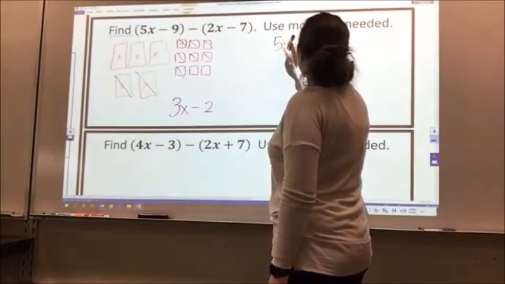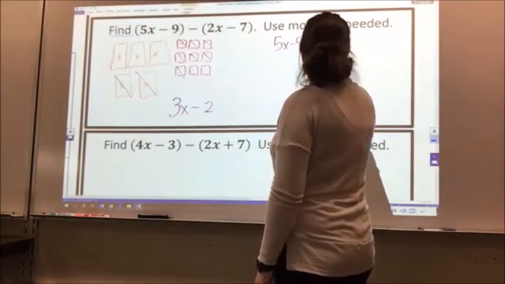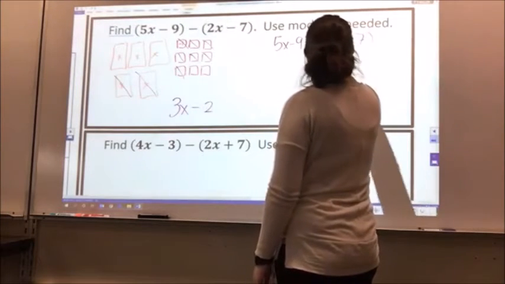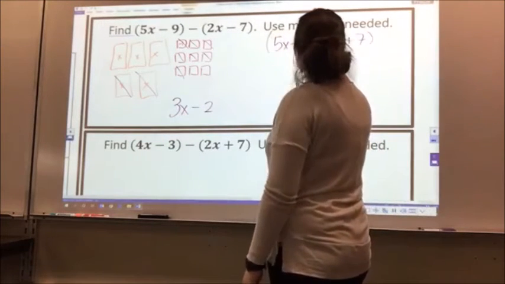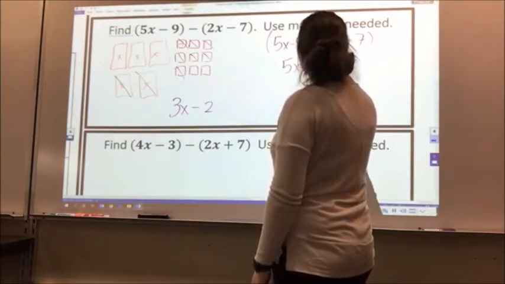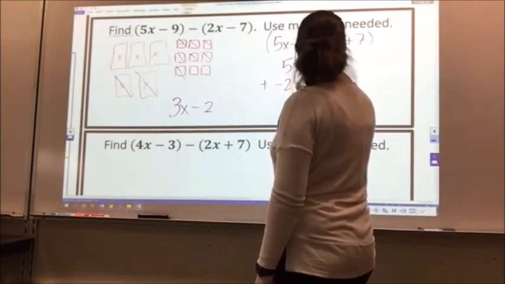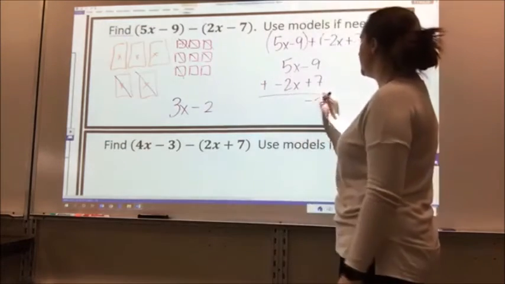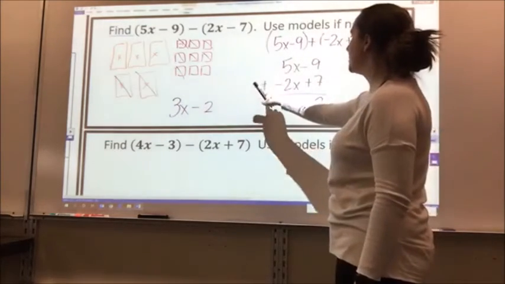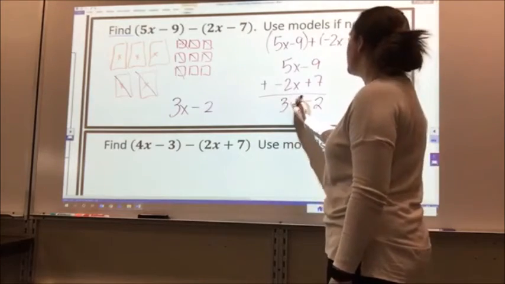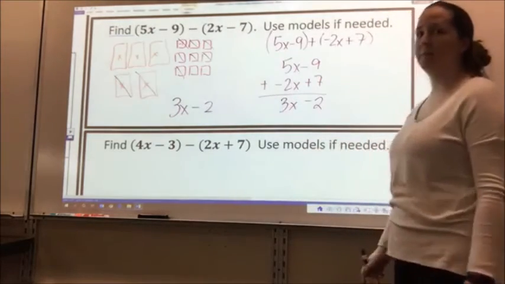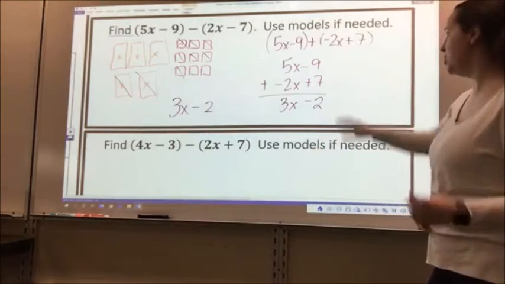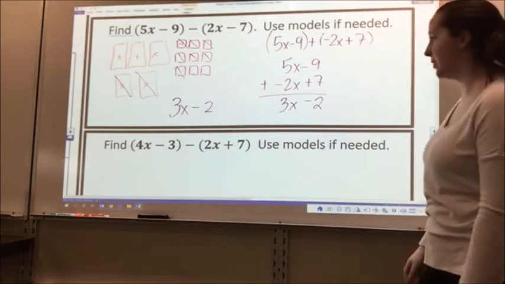So I have 5x minus 9 plus negative 2x plus 7. So I'm going to add 5x minus 9 plus negative 2x plus 7. So negative 9 plus 7 gives me negative 2. 5x plus negative 2x gives me a positive 3x. So 3x minus 2. Either way you do it, you still get the same answer. You can also use algebra tiles to solve this one as well.